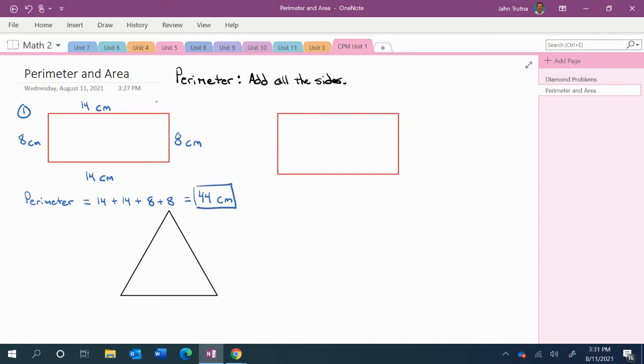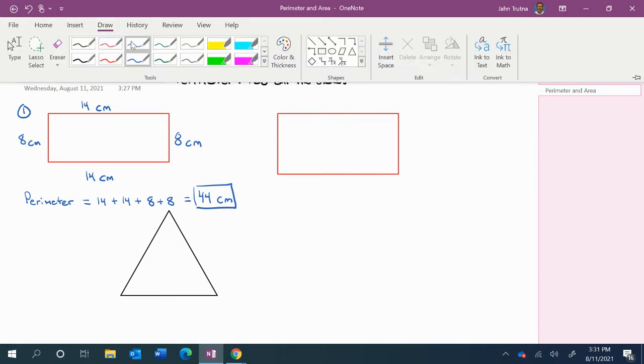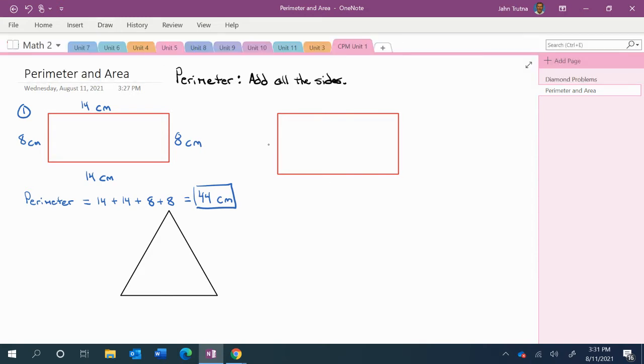Okay. Number two, same idea here is what happens if I told you that the left side is 11 feet and the top side, excuse me, was 25 feet. And once again, I said find the perimeter of number two here, which is the rectangle. Same idea.